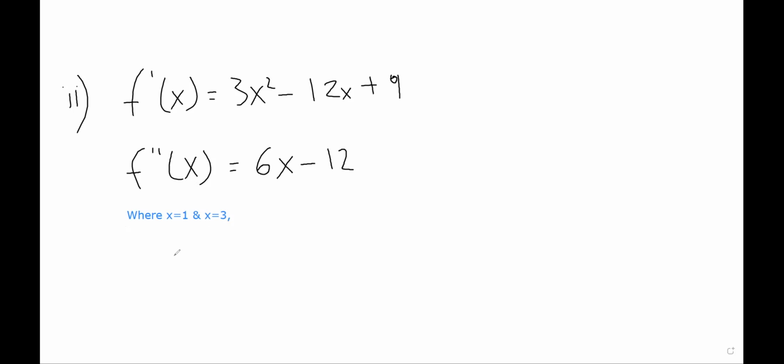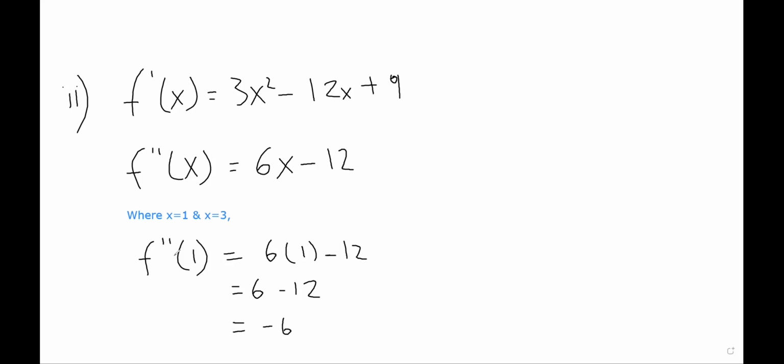So now we plug our first x value of 1. So f double prime 1 is equal to 6 times 1 minus 12, right? So 6 times 1 is going to give us back 6, minus 12 is equal to negative 6, right?